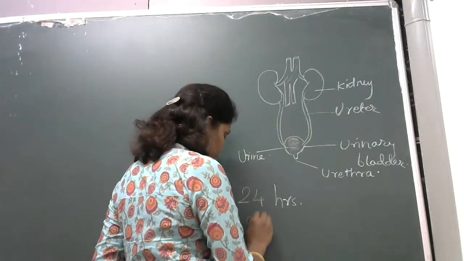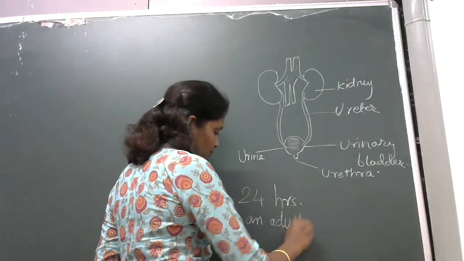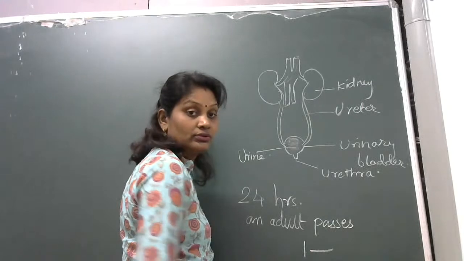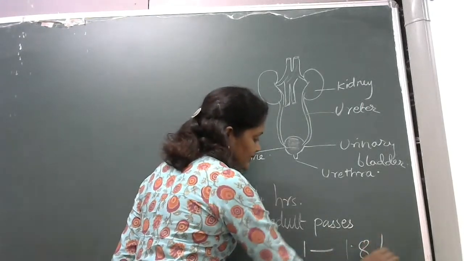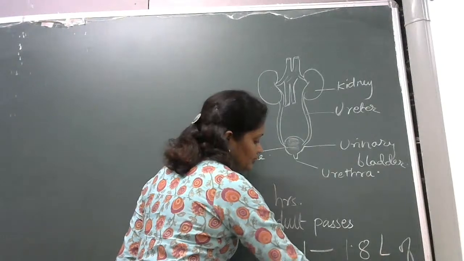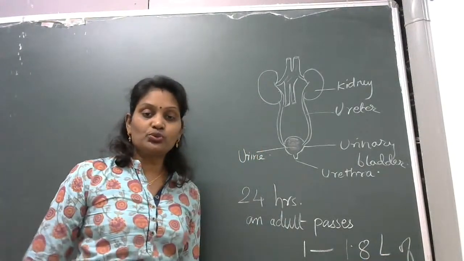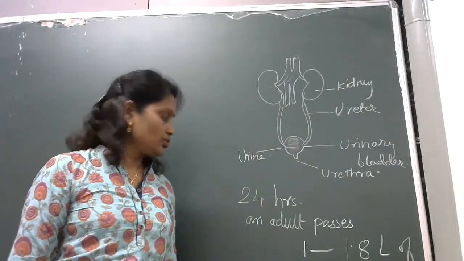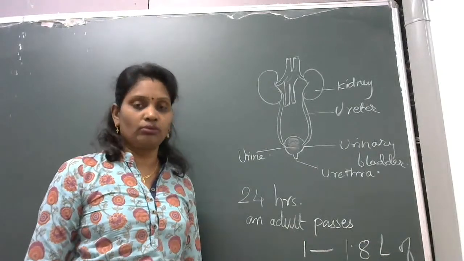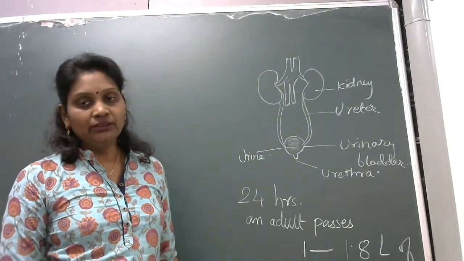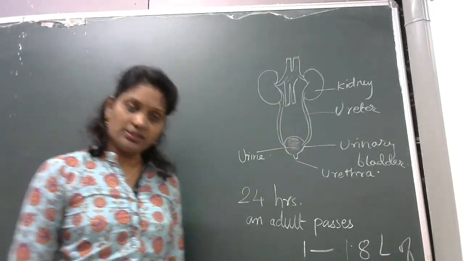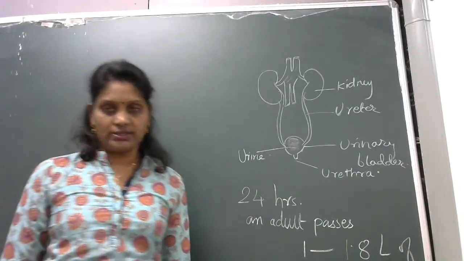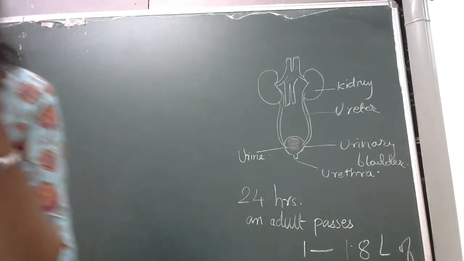How much urine? 1 to 1.8 liters, which is almost 1 to 2 liters of urine passed in a day, meaning in 24 hours. Is it clear to all?